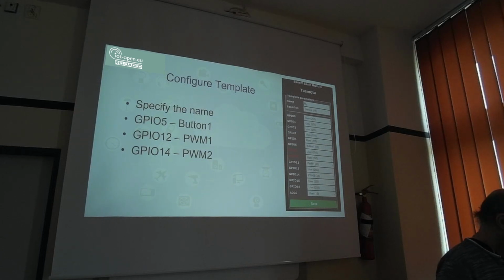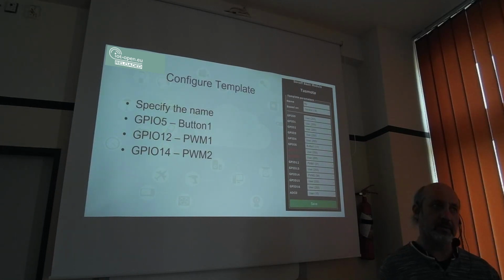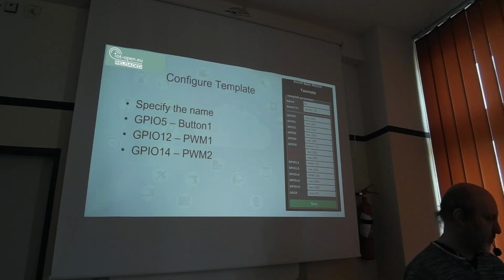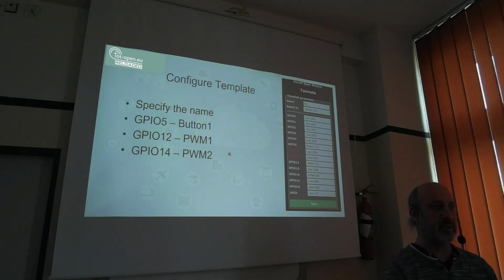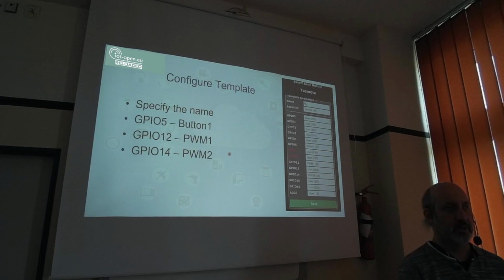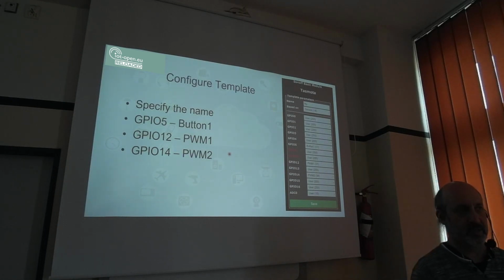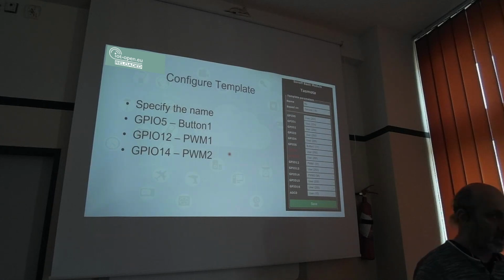So for example, here we configure the template: we specify the name of our template, and we configure connections like in the previous lecture. So GPIO 5 is the button, GPIO 12 and 14 are two LEDs connected as PWM, because ESP8266 and Tasmota support changing the intensity of light using the PWM technique.